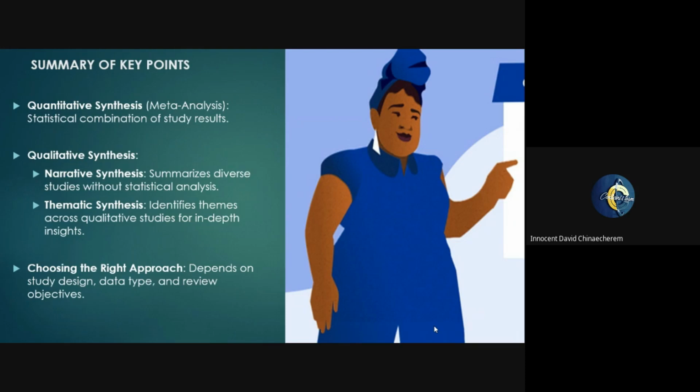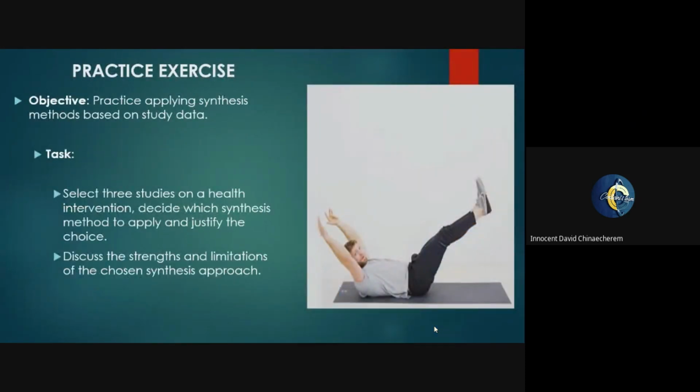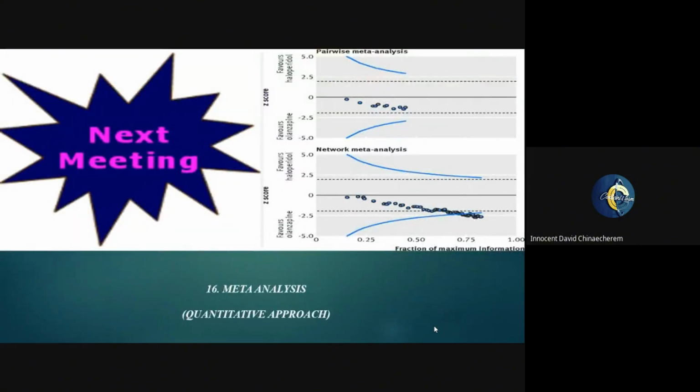We've got a couple of exercises to perform. You need to choose a couple of journals and articles and start with your systematic review synthesis. In our next session, we're going to have a very detailed look at meta-analysis and how to get started with it.